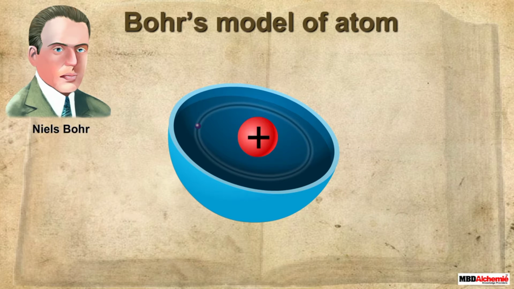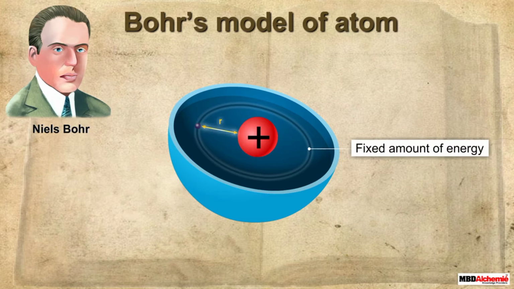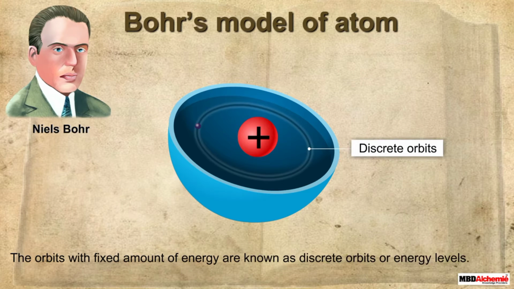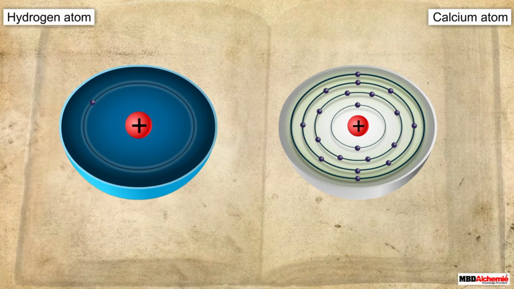These orbits with fixed energy are known as discrete orbits or energy levels. The energy levels are represented by letters like K, L, M, N or numbers 1, 2, 3, 4 starting from the center.